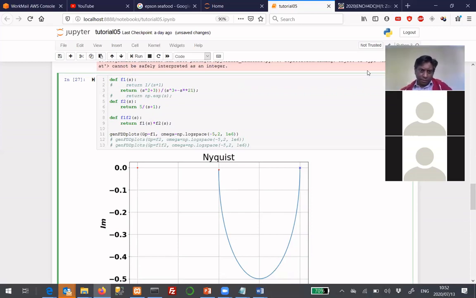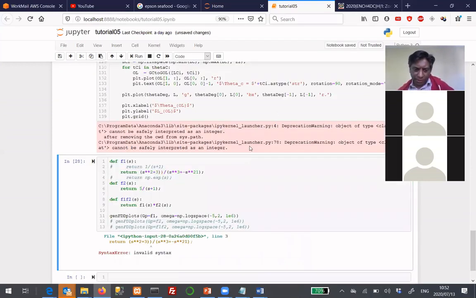And in Python, the double asterisk gives you raised to the power. So let's see what that looks like. I think I've got an extra bracket here.